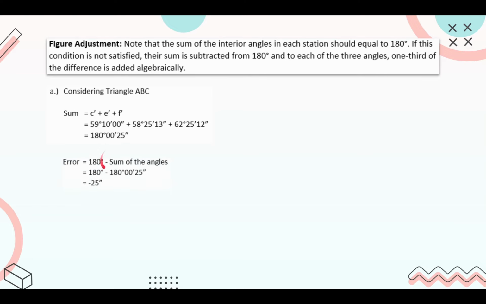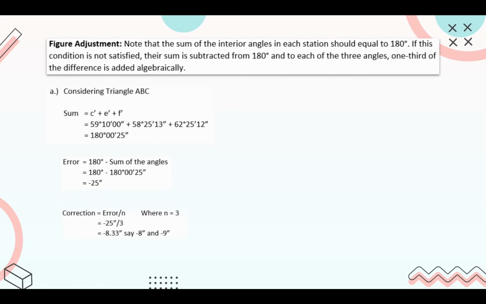We then get the error by subtracting the sum from 180 degrees. Again, take note that the sum is the subtrahend and the fixed value of 180 degrees is the minuend. So the error is negative 25 seconds.